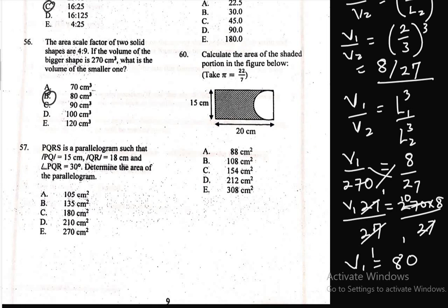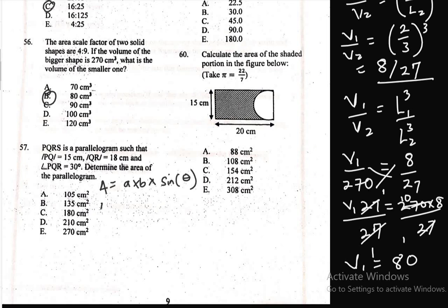Alright, question 57 says, PQRS is a parallelogram such that PQ is 15 centimeters, QR is 18 centimeters, and angle PQR is 30 degrees. Determine the area of the parallelogram. When an angle is given in a parallelogram like this, the area will be A times B times sine theta.